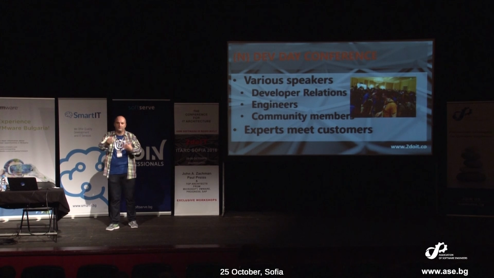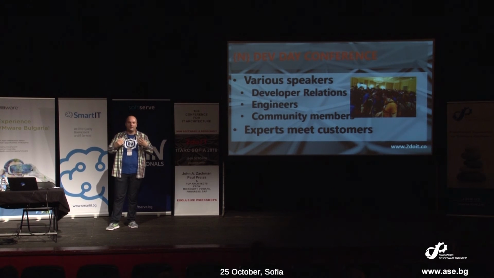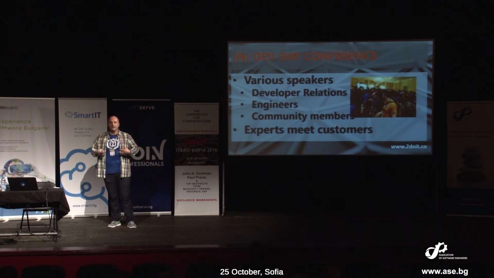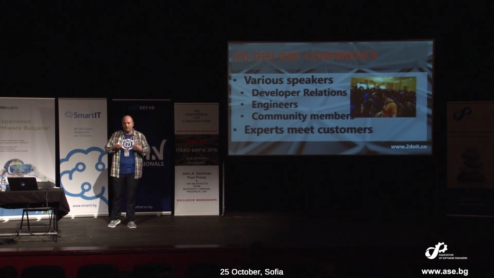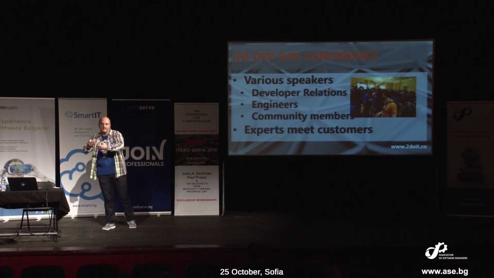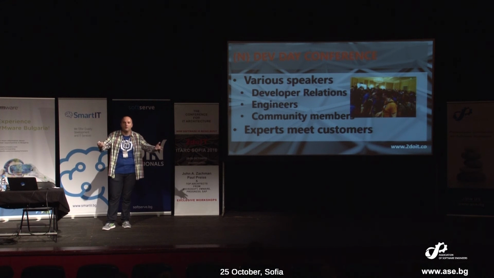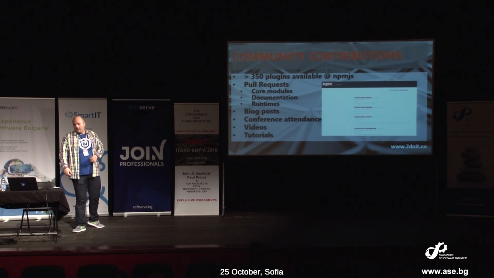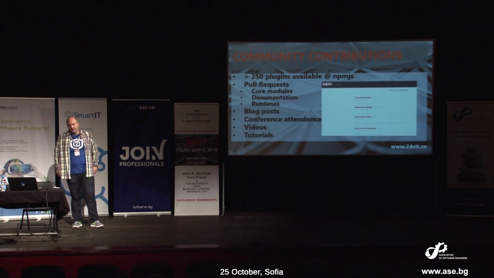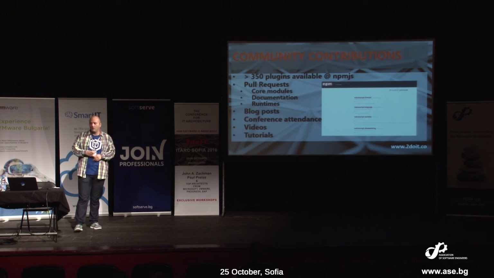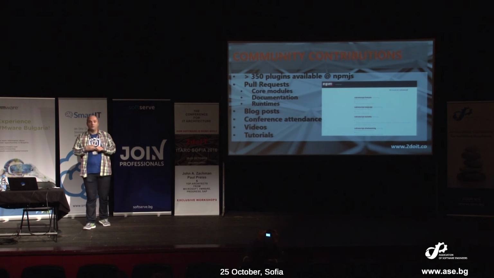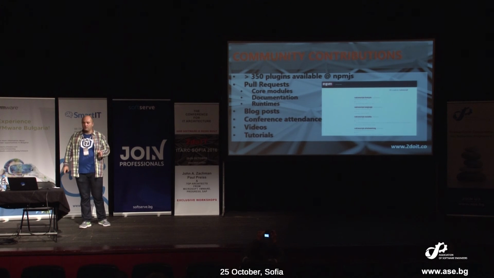When you see somebody face to face and you know that he's using your product, this boosts your motivation a lot, and it's the same for the community member. They know that there are people working with them. There are some vanity stats. There are more than 350 plugins available at npmjs, which are created by the community members.